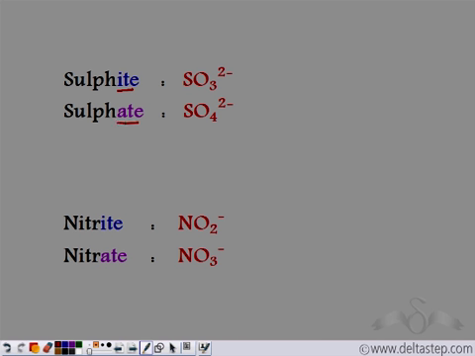If you observe these two radicals, you see that this radical has a lesser number of oxygen atoms, this has a greater number of oxygen atoms, and this is the only difference between them. So the first radical is nitrite, and the one with a greater number of oxygen atoms has the suffix "ate". So this is nitrate. The presence of "ite" and "ate" shows the presence of oxygen in the radical. So anytime you encounter a radical which has "ite" or "ate" in the suffix, that always means there is oxygen in the radical.